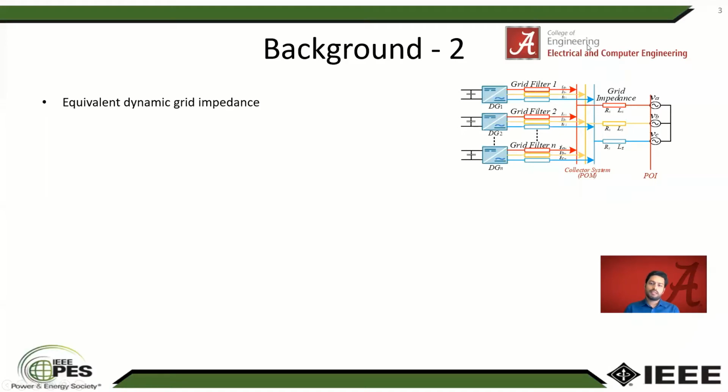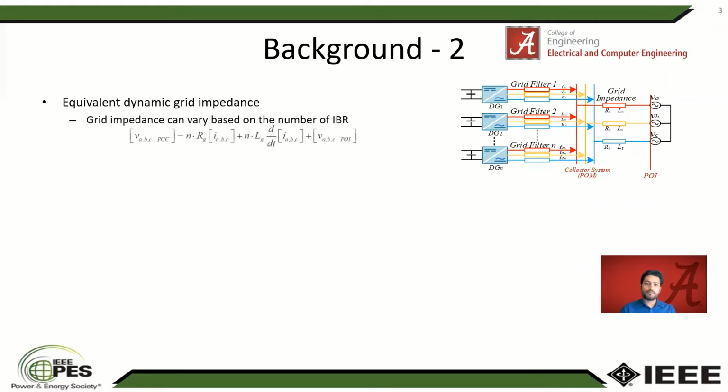To analyze the system, the most important parameter of my study is the equivalent dynamic grid impedance. It's the modified version of dynamic grid impedance. Why I call it equivalent dynamic grid impedance is that when an IBR plant is connected to the grid, the dynamic impedance varies based on the number of IBRs connected to the grid.